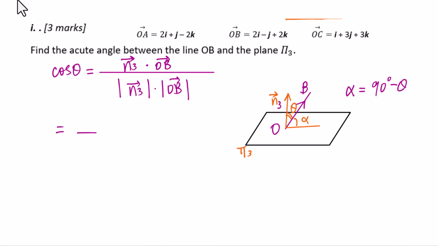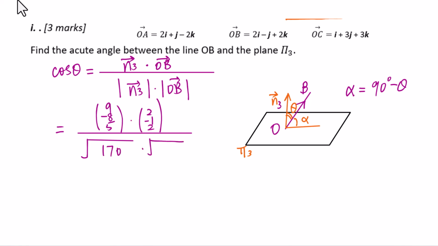Then do the substitution. (9, -8, 5) dot (2, -1, 2) over square root. We already figured out the absolute value of normal vector n3 is square root 170 times square root 9. Then equals 36 over 3 square root 170.